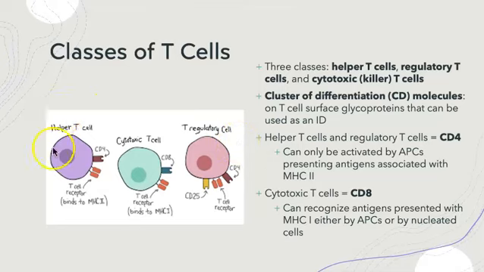So our goal of our CD4 cells is to be activated by an APC with an MHC class II molecule, whereas our cytotoxic T cells are able to recognize antigens presented by MHC I by our APCs, or it could just be a nucleated cell.